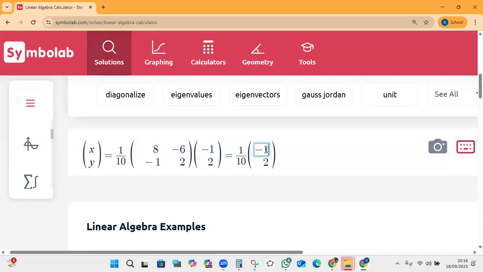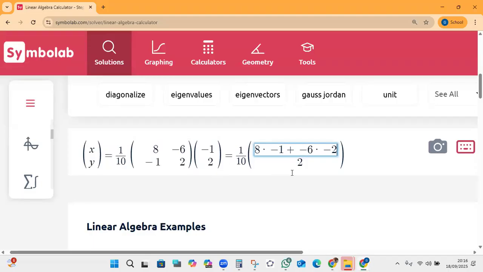And how can that be done? That would be 8 times -1 plus -6 times 2. See that? Row by column. That's how you multiply matrices. So 8 times -1 plus -6 times 2.